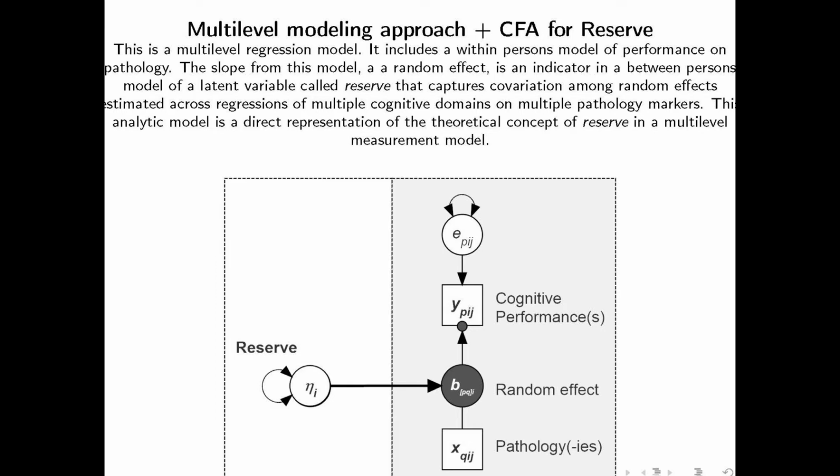But rather than regressing performance on time, I'm going to regress performance on pathology. So that's a random effect. And that random effect is now an individually varying indicator, and I can use confirmatory factor analysis to summarize covariance among those random effects and come up with a latent variable to capture reserve.